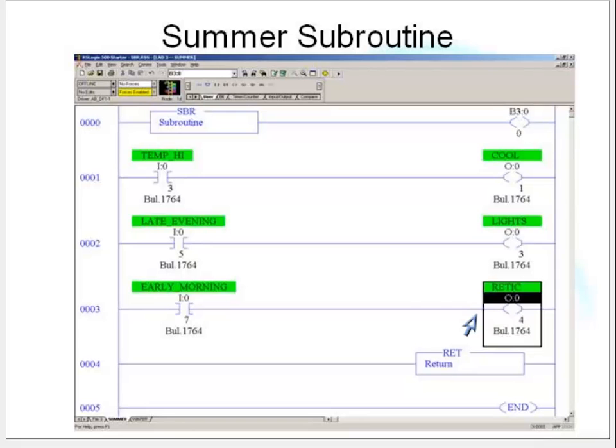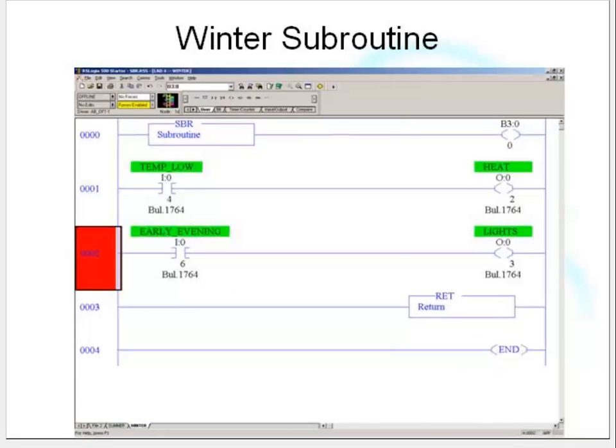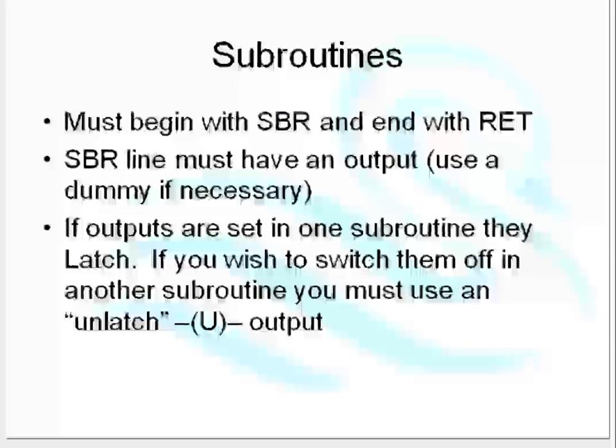So here I have my summer subroutine, and here I have my winter subroutine. Small sub-programs, and my main program consists of jumps to my subroutine, or calls they're called. So my main program consists of nothing but calls to subroutines. There's some rules about subroutines.